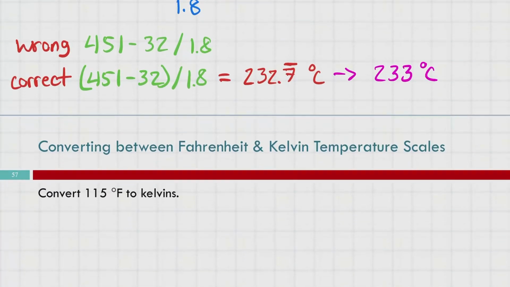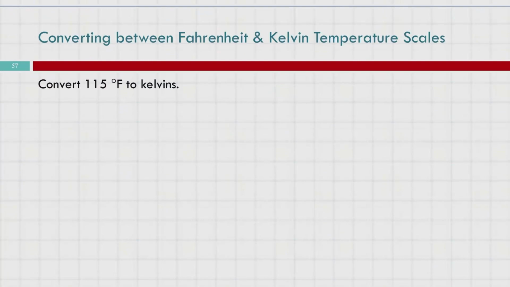All right, let's say that we want to go the opposite direction. We want to convert 115 degrees Fahrenheit to Kelvin. Starting with degrees Fahrenheit, going to Kelvin. Our equations are something like this: degrees Celsius equals degrees Fahrenheit minus 32, over 1.8.